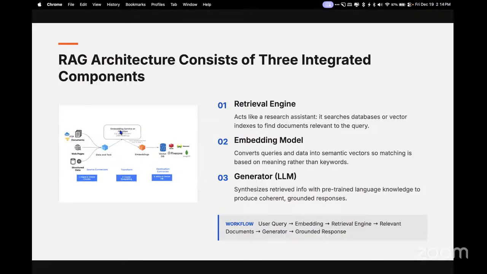Now the internals of RAG: if the user asks a query, that query will first go to the RAG engine. The RAG engine has a retrieval engine, meaning it needs to find the answer from the proprietary data or from the available internal knowledge. That is called retrieval.